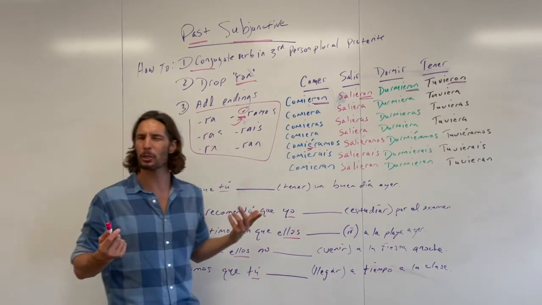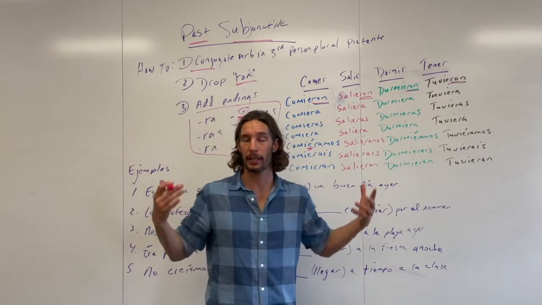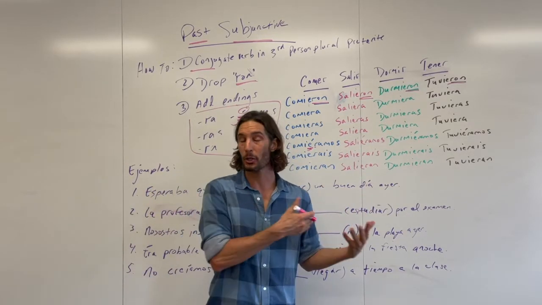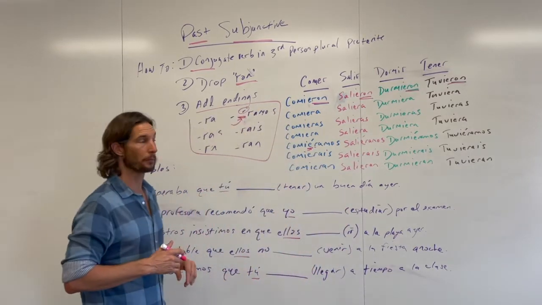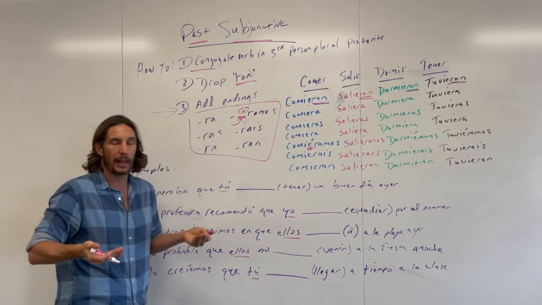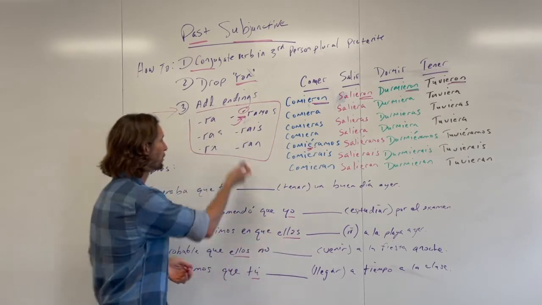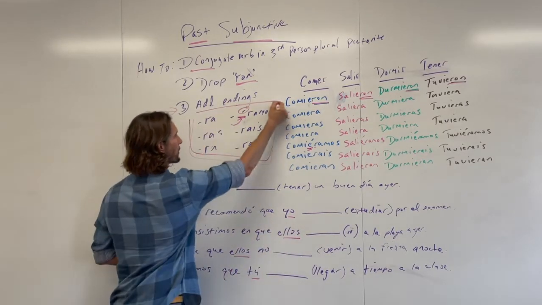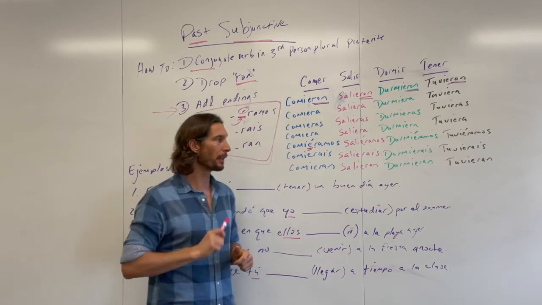Step 2 is drop the RON, which will be at the end of each conjugated verb once you conjugate it in the third person plural preterite. That's a mouthful for sure. And then the last thing you do, which is what makes the past subjunctive conjugation, is add one of these conjugations, of course, agreeing with the subject. So hopefully that makes sense.